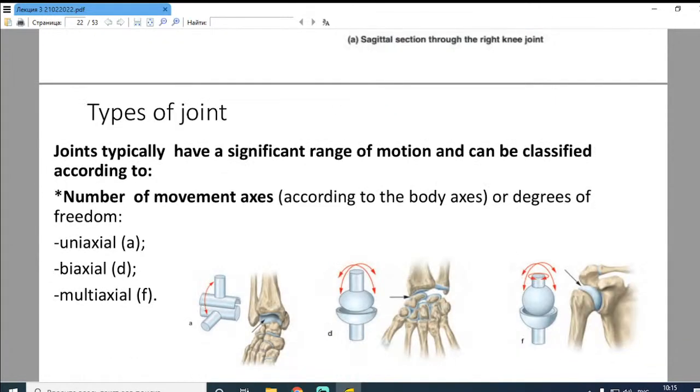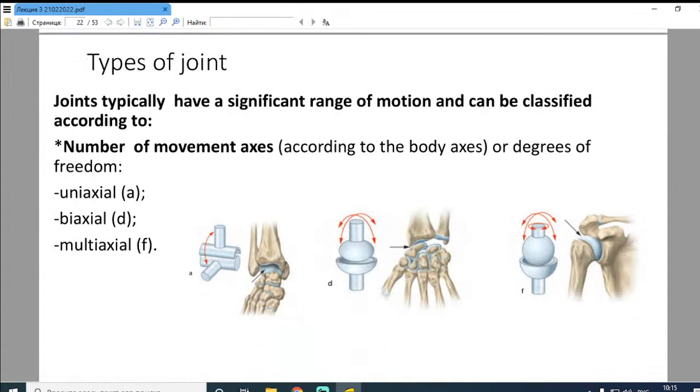Next question, types of joint. Joints typically have a significant range of motion and can be classified according to the number of movement axes according to the body axis, or degrees of freedom.